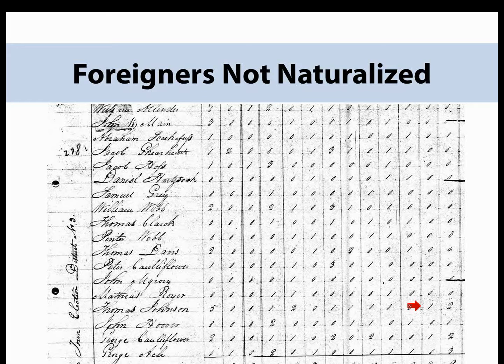Now, this also means that they've gone through the naturalization process. So Thomas Johnson may have filed his initial papers, but maybe not gone through the entire process at this point. So something else to keep in mind. If your ancestors are indicated in one of these columns, you may want to try to find a naturalization record for them.